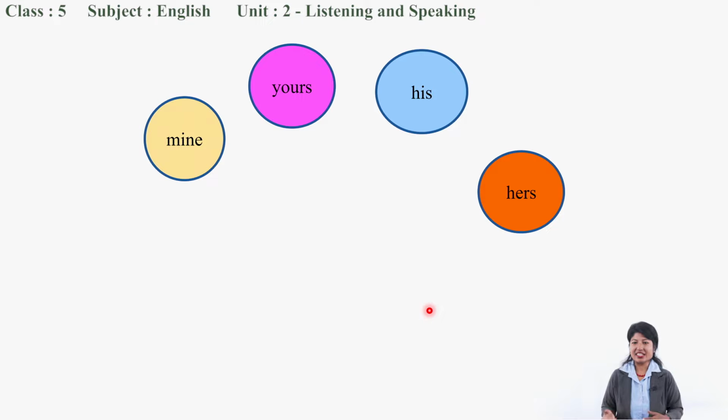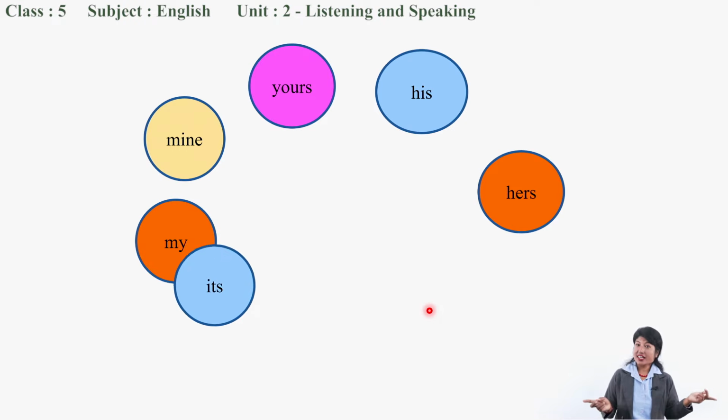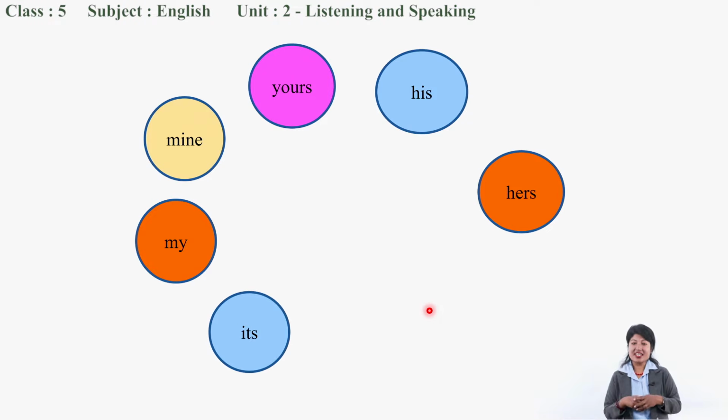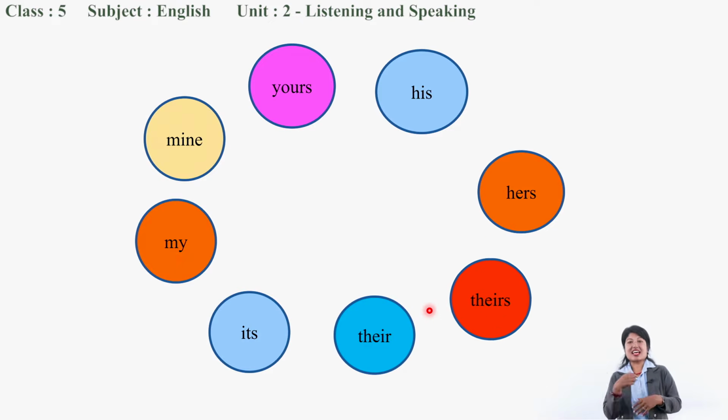And next, can you tell me more? Come on, what are the words? Yes, my. Okay, my. And then ours. Okay, ours. And then their. Okay, next word is their. Then theirs as well. Theirs.